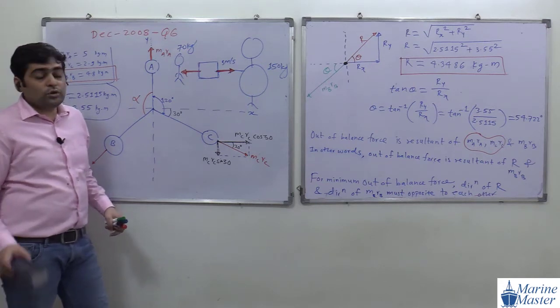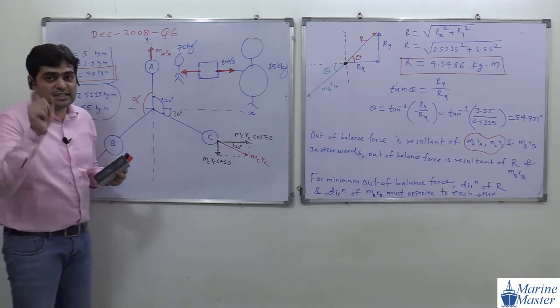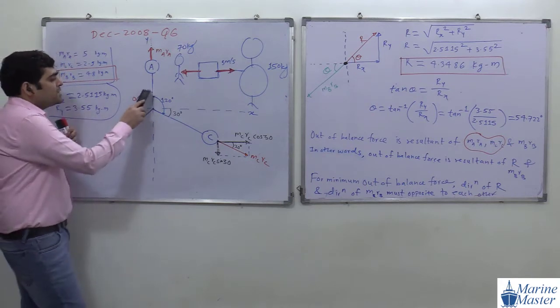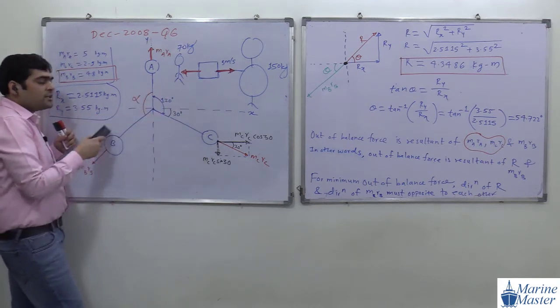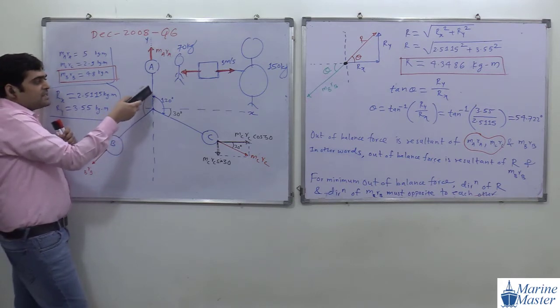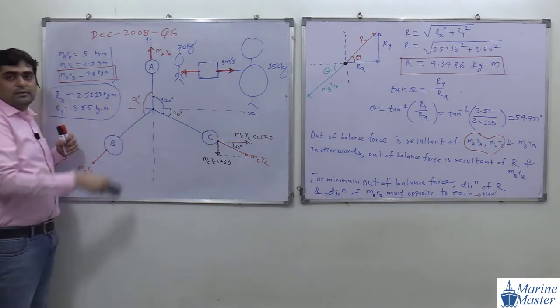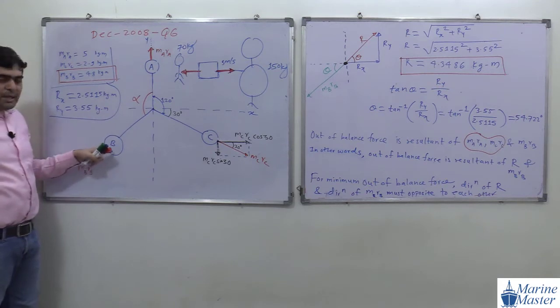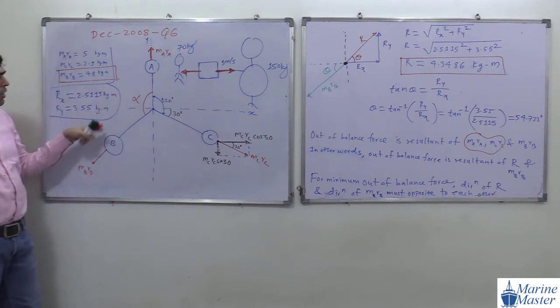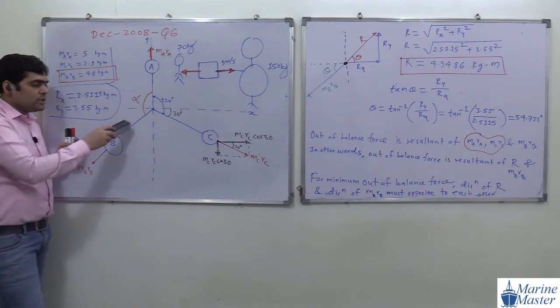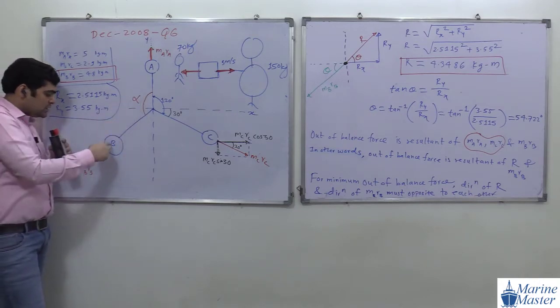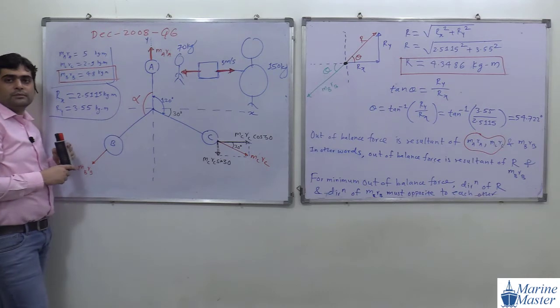What is the value of this angle alpha for this position of B? Alpha means the new angular position of mass B. So what will be the new angular position of mass B according to this scenario?